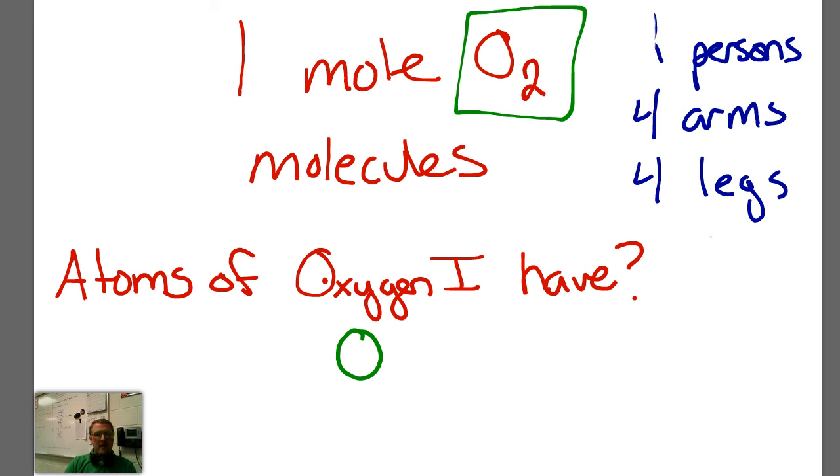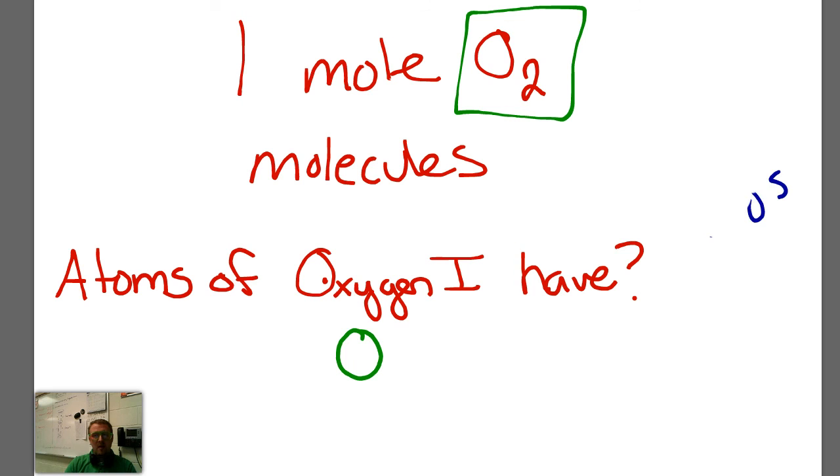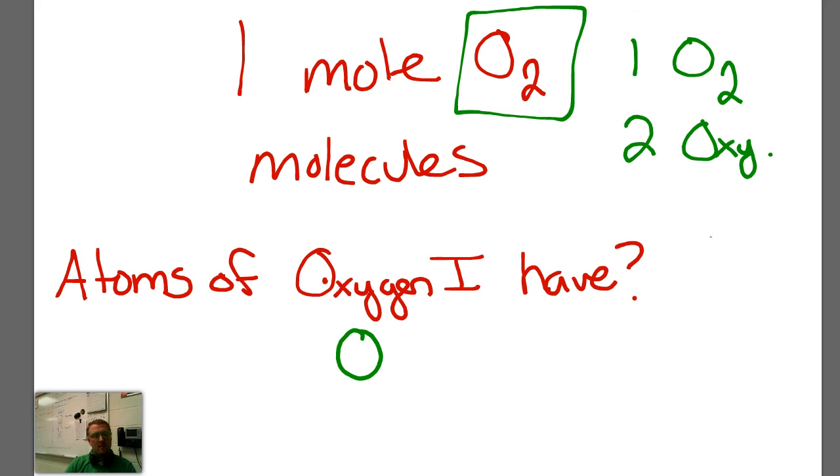So we can apply a similar concept here when talking about atoms and molecules. If I have 1 mole of O2 and each O2 has 2 oxygens, then in theory for every 1 O2 I have 2 oxygen atoms.